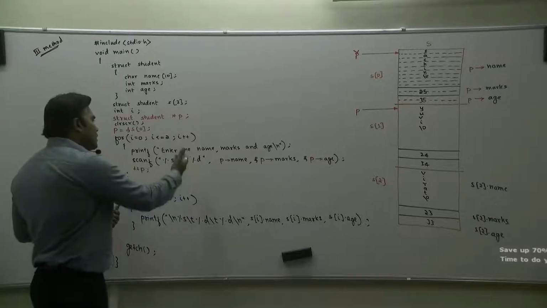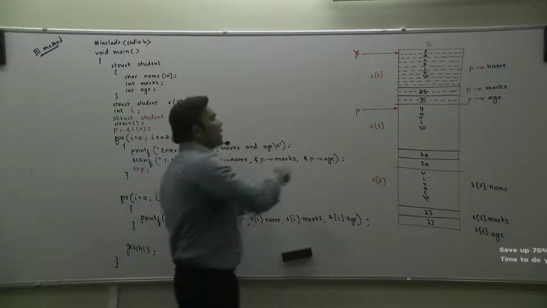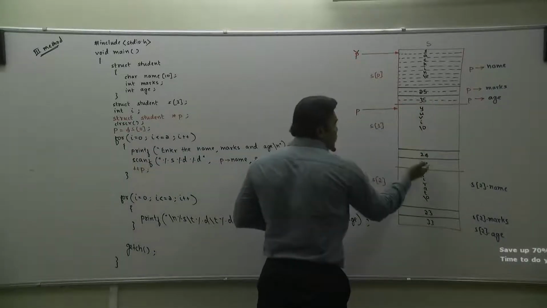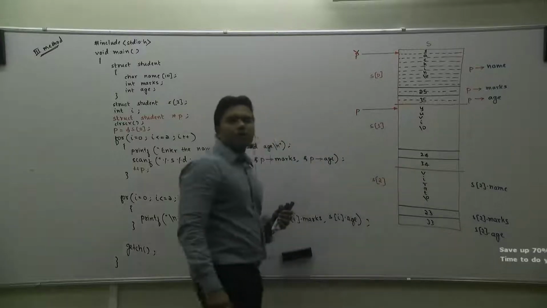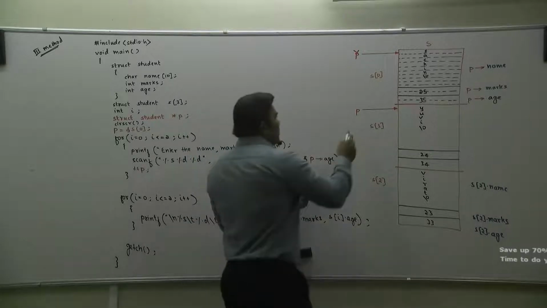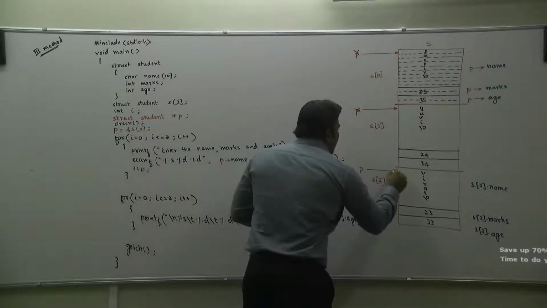Oh, okay, sir. Next what? Again, name, marks, age you will ask. This time if you tell p arrow name, this is only p arrow name. This is only p arrow marks. This is only p arrow age. After that, sir, again plus plus p you have told. Because you have told plus plus p, the pointer will point to the next student.